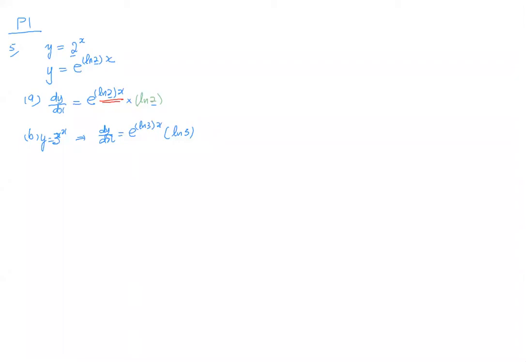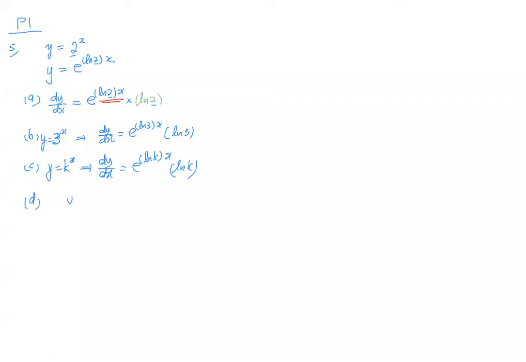Okay, then based on the table in part B, make a conjecture about the derivative of k^x. So this one should be, if y equals k to the power x, then the derivative will be e^(ln k · x) times ln k. So for this question, it looks very simple. Then part D, you prove the conjecture.